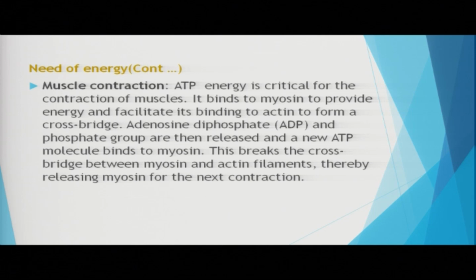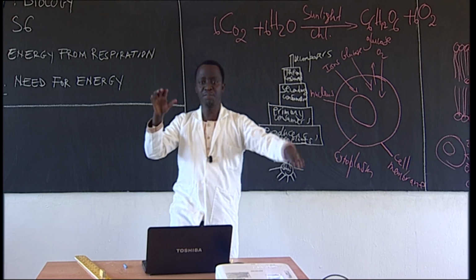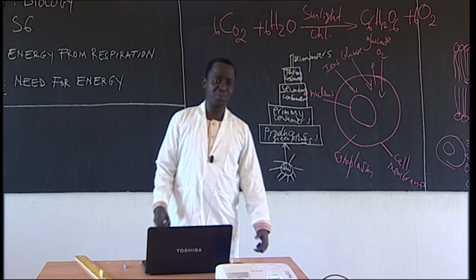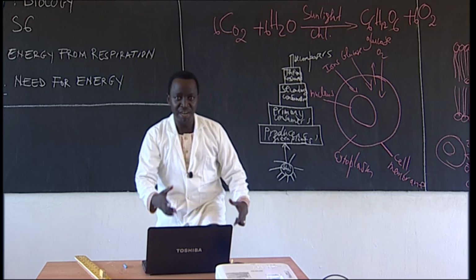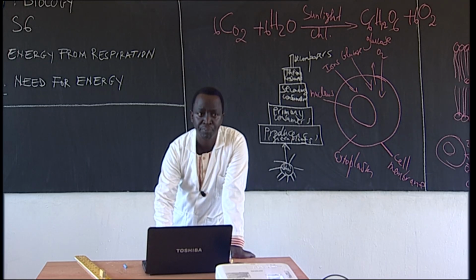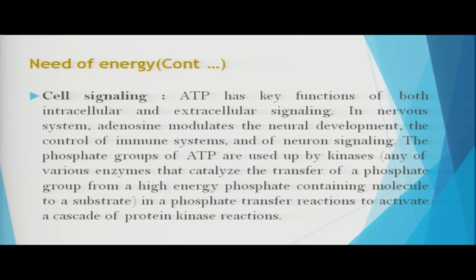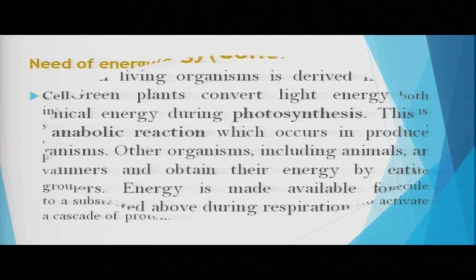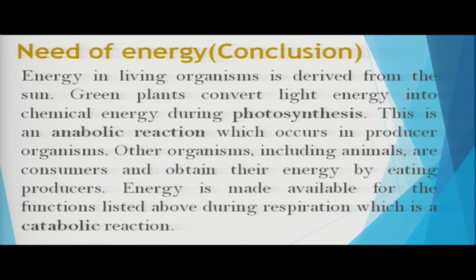Muscle contraction, as I have said, you cannot run when you don't have this energy. When you run, muscles are contracting, so they need energy. Nerve transmission also needs energy. For the nerve impulse to be transported from one side to another, we need energy. So as I have said, this energy comes from where? From the sun, the sunlight.